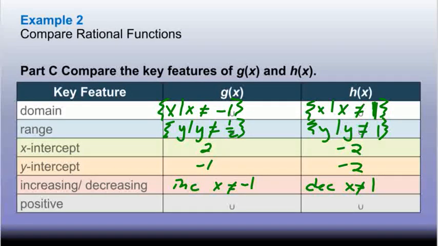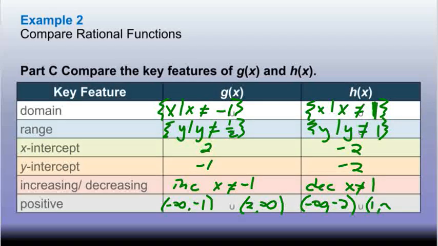So this one is positive when, let's see, -infinity to -1, and when you have 2 to positive infinity. And the other one would be -infinity to -2 and 1 to positive infinity.